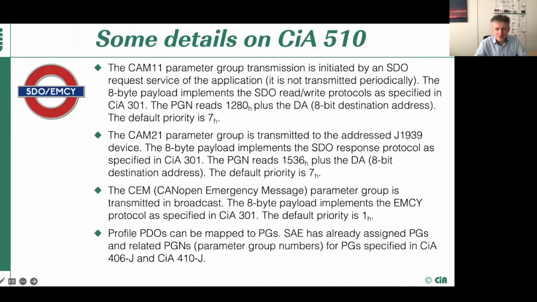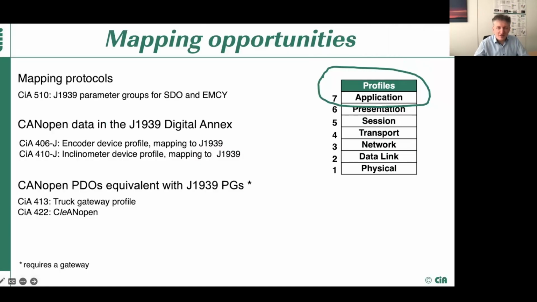Another thing, back to this slide, shortly finished. As I said, the gateway is necessary in any case because we are interacting with in-vehicle networks. It is here anyway, and we need to have CANopen and J1939 networks. So we have our CANopen profiles, which were designed for very specific applications, for truck gateways and for municipal vehicles such as CleanOpen.